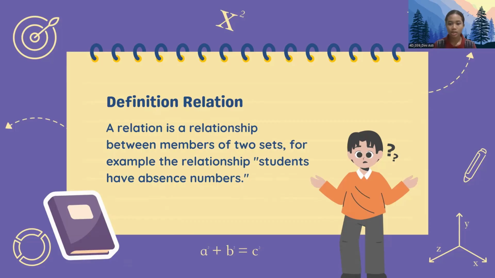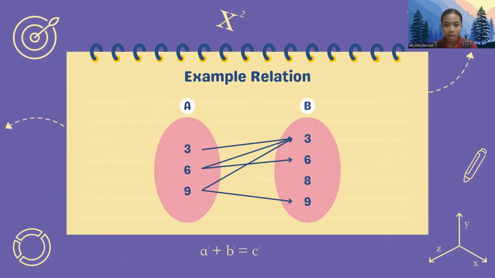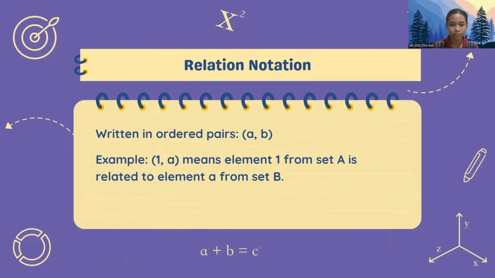As you can see in this diagram, elements of set A are mapped to elements in set B using a rule.